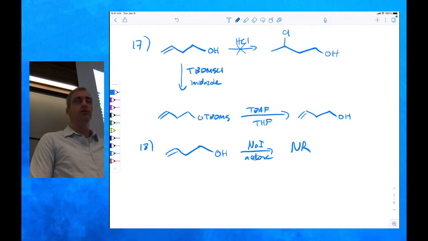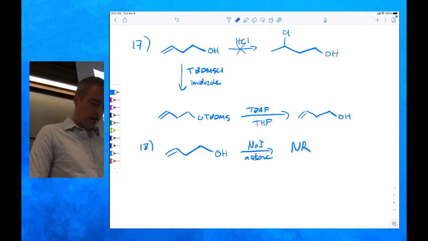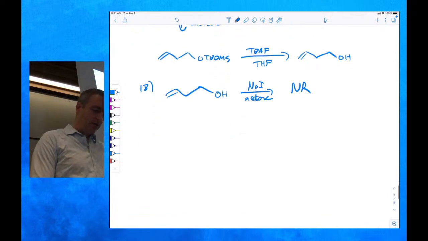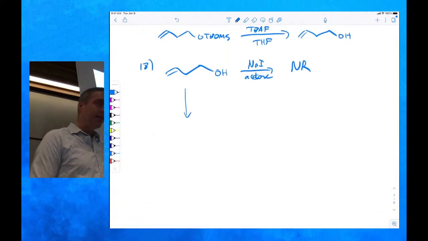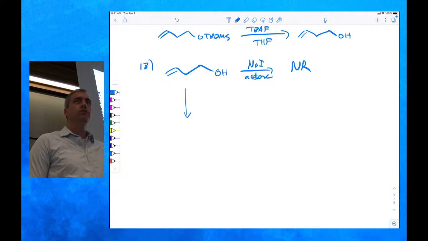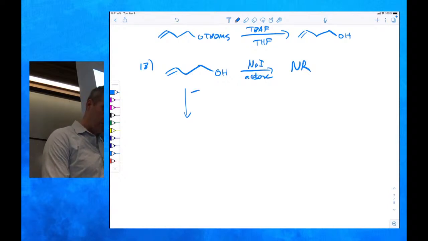You can't do an SN2. These are SN2 conditions. But what we can do is convert that into a good leaving group using methane sulfonyl chloride or toluene sulfonyl chloride or trifluoromethyl sulfonyl chloride. So this would look something like TFCl, and I think we use pyridine here.